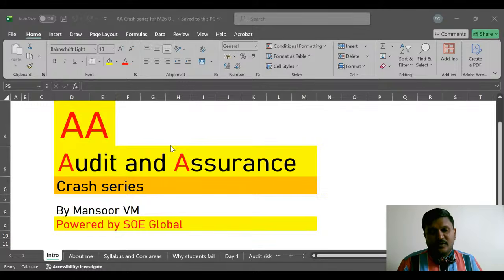Can anyone tell me what those 6 control systems are? We'll start with that and go ahead from there. What are the 6 internal control systems that a company may have?